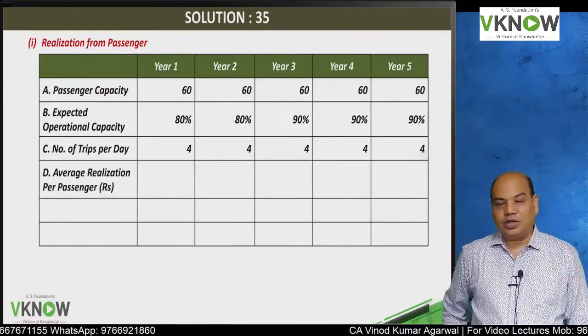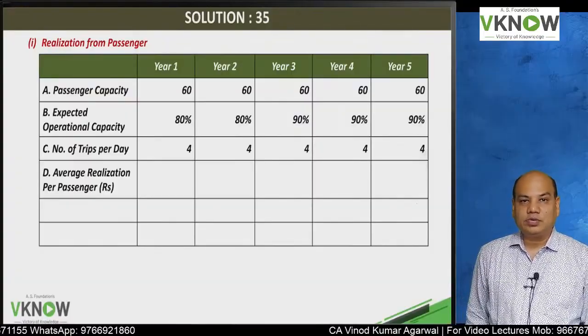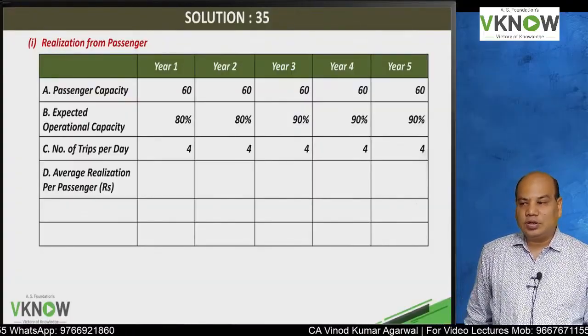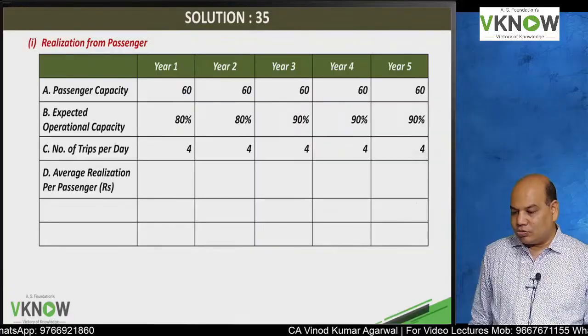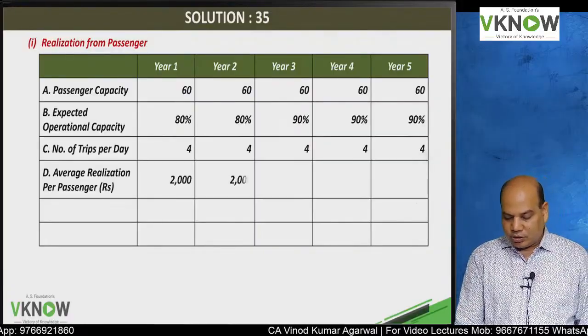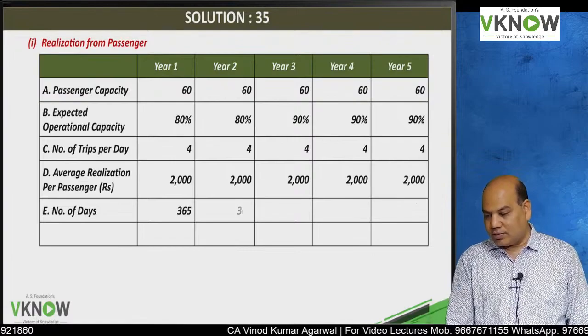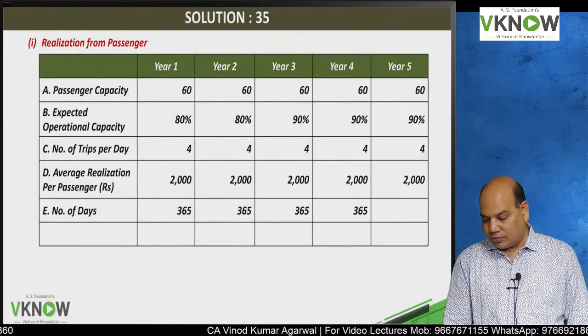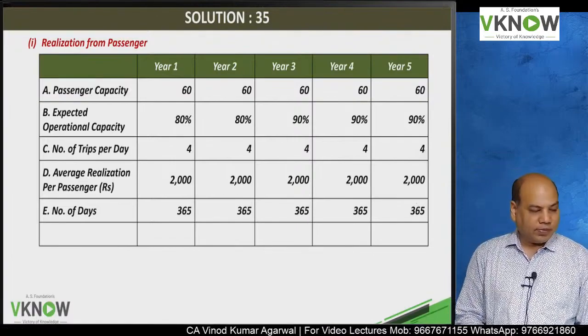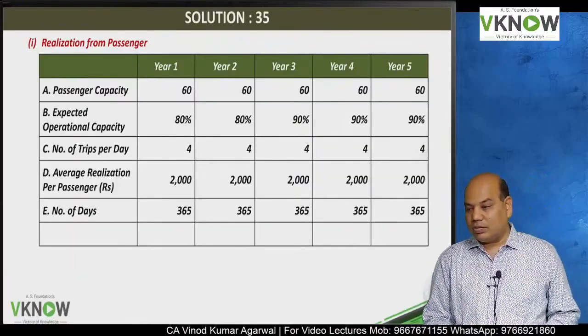Then average realization per passenger. On an average, how much fare they are going to charge? They have written 2000. Then write down number of days, 365 days written in the problem.